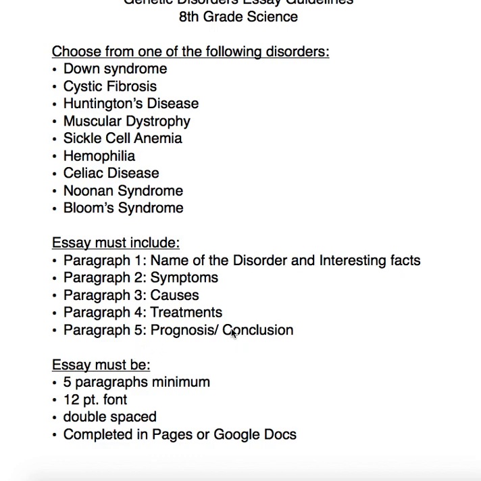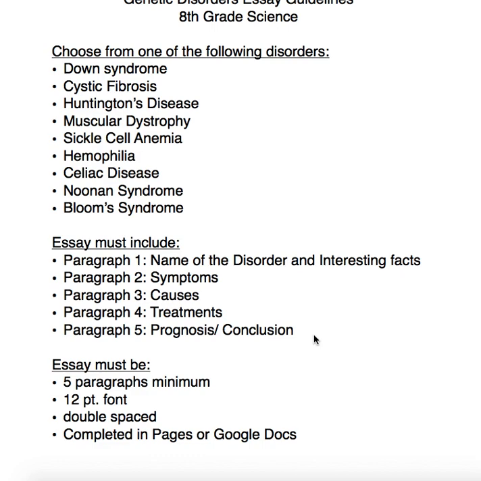Paragraph 5 is your conclusion, but I also want you to talk about the prognosis for your disorder. The word prognosis means the outcome. It may be a disease that you can live with forever, so you just have to live with the disease. Or the prognosis may be, if you get this disease, you may only live to be 13 years old, or you may only live to be 30 years old.